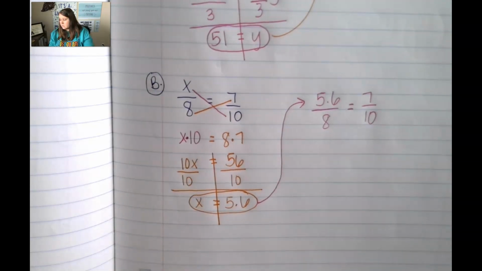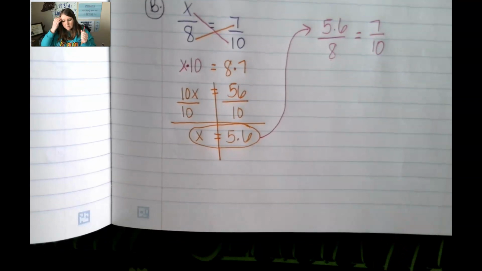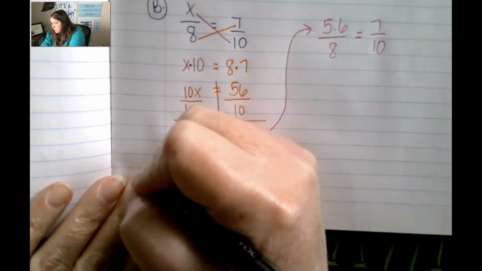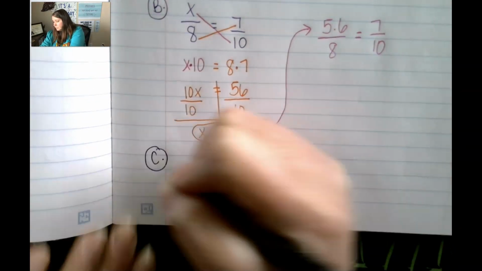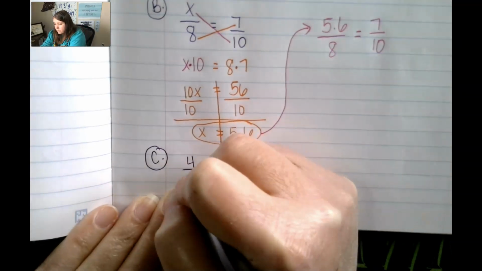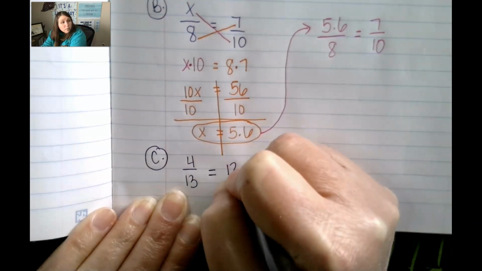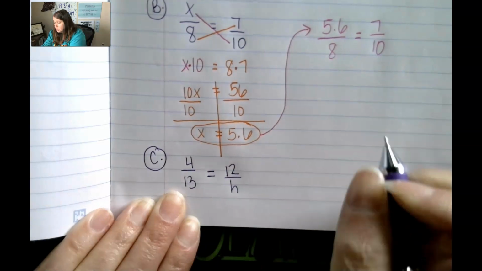Okay, let's do another example. I'm going to see if I can squeeze it in down here. Okay, so example C is 4 over 13 equals 12 over h.